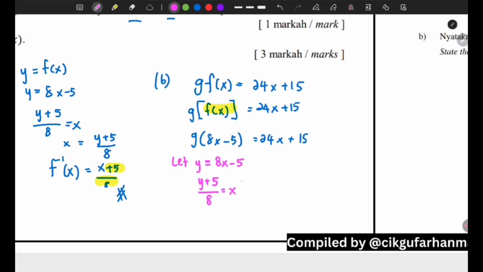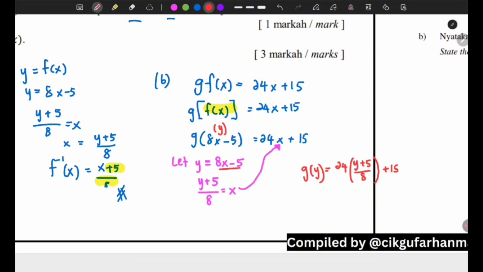And this thing, substitute here, because you know already your x in terms of y. So substitute lah. So 24, my x is no longer x, it is (y plus 5) over 8, plus 15. This will be equal to my g y, not x, because you already let this entire thing to y.